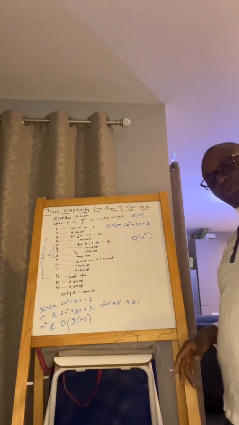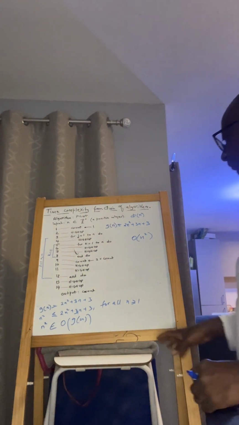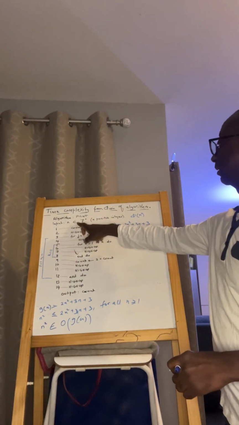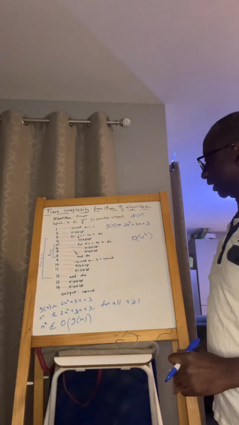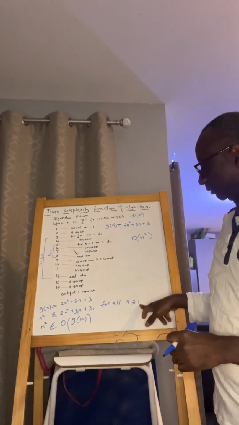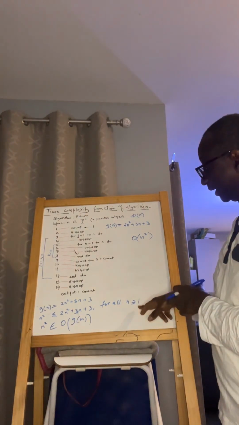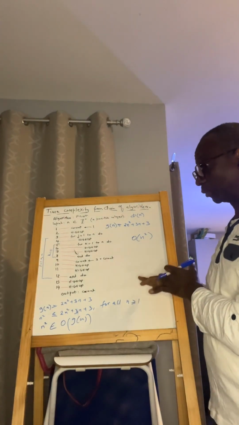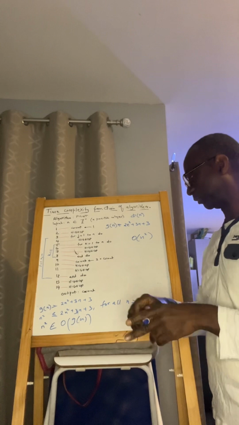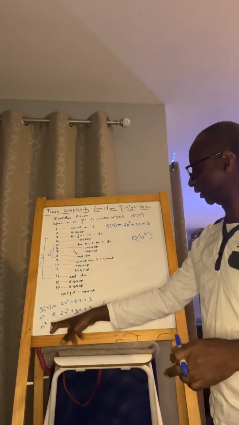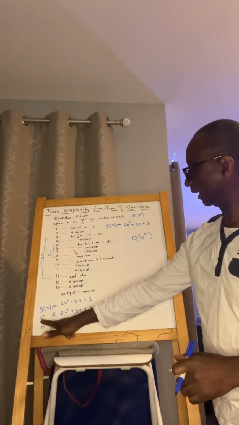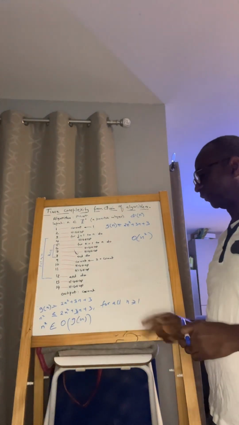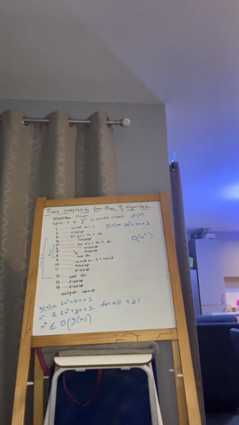It has to be 1 or greater than 1, not less than 1. The question says n is in the positive integers, so we've proven that for all n equal to or greater than 1. So it's all positive numbers, no negative numbers. So then you've shown here that n squared is in big O of g of n. So the first part is proven.